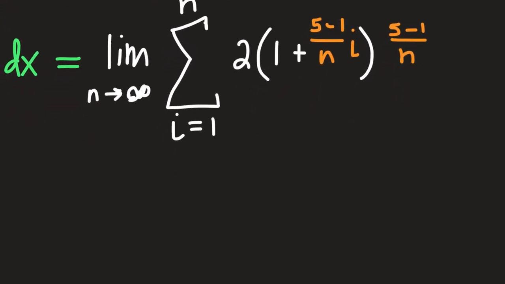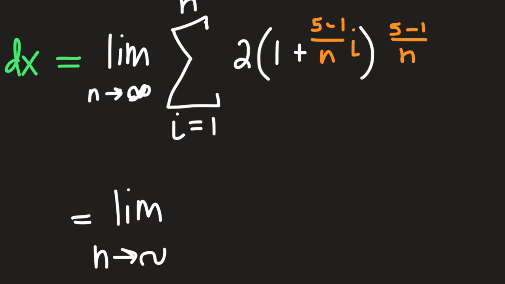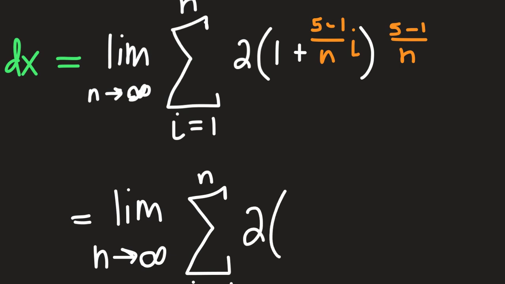So with a little bit of simplifying, we can be done with our limit of Riemann sums. So the limit of 2 times 1 plus, well, 5 minus 1 is just 4.